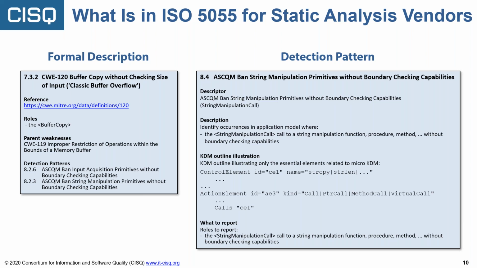This is what you need to be able to detect the weakness, and then what gets reported once the weakness is detected. So this is available for the vendors of static analysis technology to use these descriptors to understand what they need to detect, to build the information from which to calculate the measures.